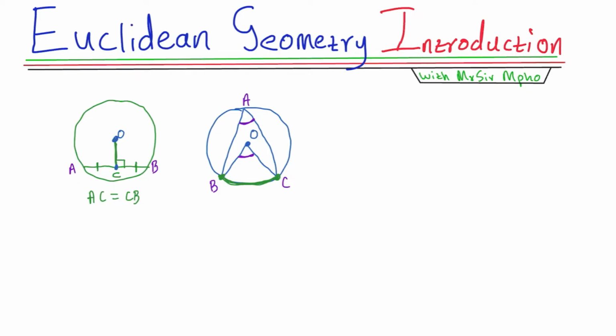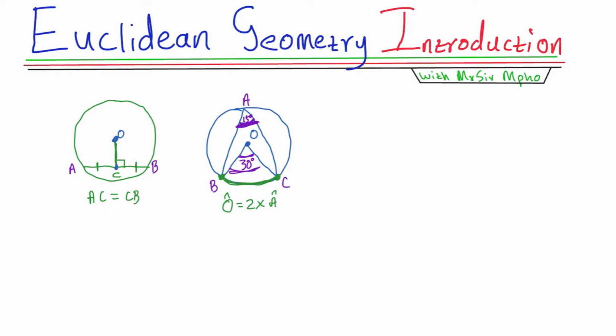What is the relationship? The angle in the center will be twice or double the size of the angle at the circumference, which means our angle O will be equal to 2 times angle A. When you apply it, you say if angle O is 30 degrees, therefore angle A will be 15 degrees, so that 2 times 15 gives me 30.